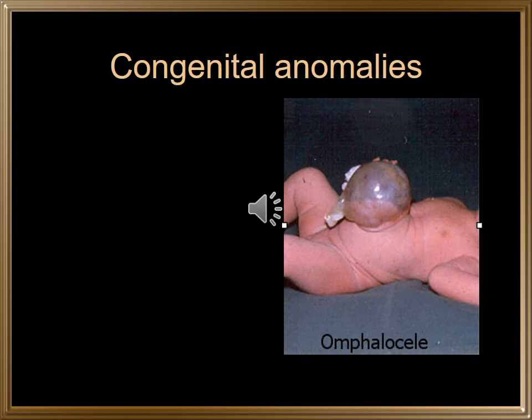So duodenal atresia is one of the conditions, and the Meckel's diverticulum is an interesting structure.